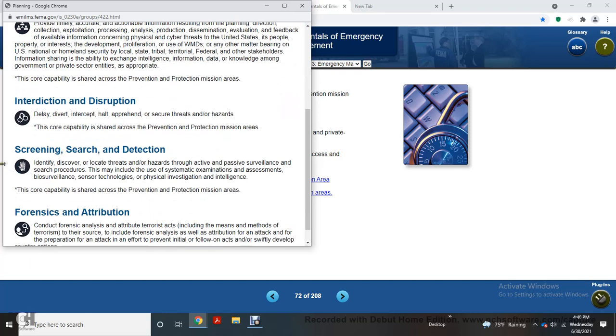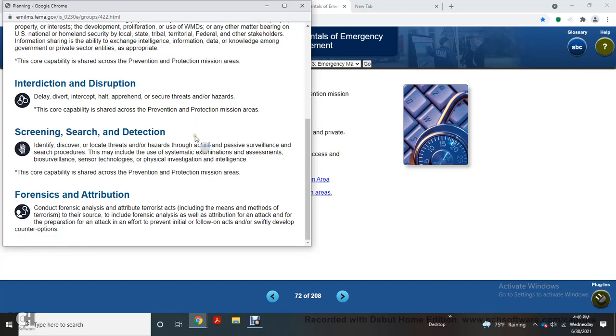Interdiction and disruption. Delay, divert, intercept, halt, apprehend, or secure threats and hazards. This is a core capability shared with the prevention and protection mission areas. Screening, search, and detection. Identify, discover, or locate threats and hazards through active and passive surveillance and search procedures, which may include the use of systematic examination and assessment, biosurveillance, sensor technologies, physical investigation, and intelligence. These are core capabilities shared with the prevention and protection mission areas.